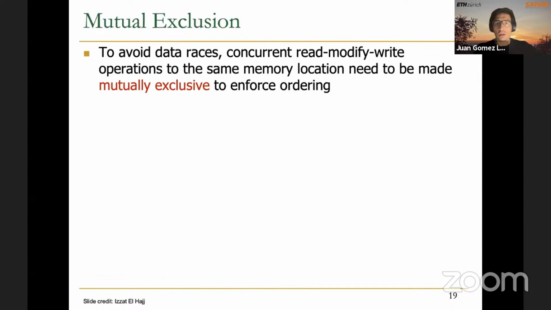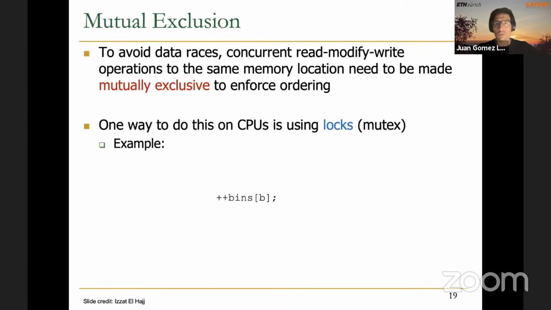What we typically use in parallel architectures is what we call mutexes, or mutual exclusion. If we have 2 threads that need to update a certain value bins B, we use this mutex lock, which is a library call or an API that goes to a certain lock, a certain value in memory, and sets it to 1 so that access to this critical section is locked.